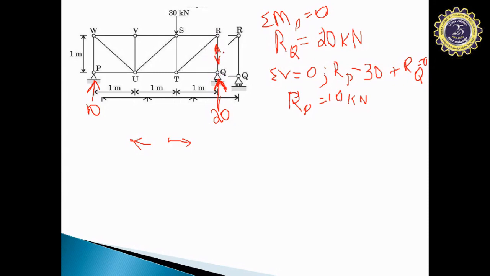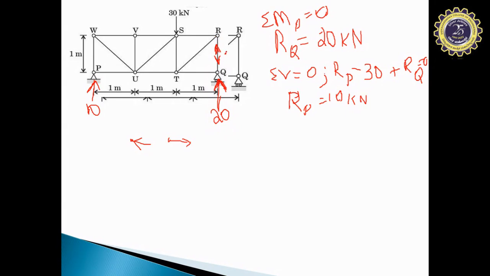So since this is a compressive force, this also needs to be a compressive force. We are clear with the direction now. Coming to the magnitude, the same magnitude is transferred to the vertical member as there are no inclined members attached to this joint. Since there are no inclined members, the complete 20 kilonewton force is transferred through the member RQ.